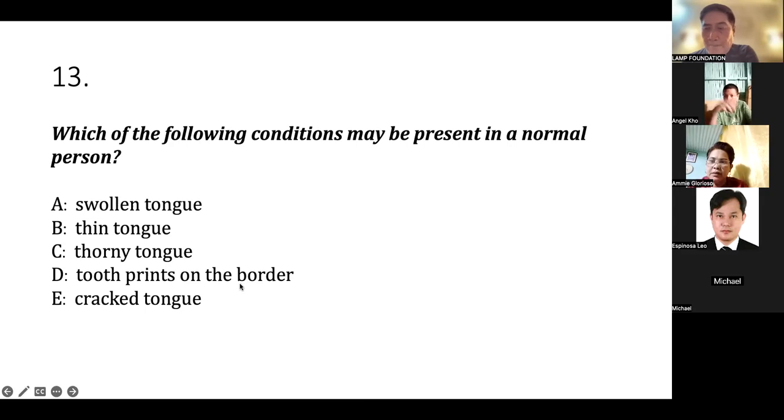Yes or no? Doc, mahina nga po. Yes, Doc. Okay. Yes.